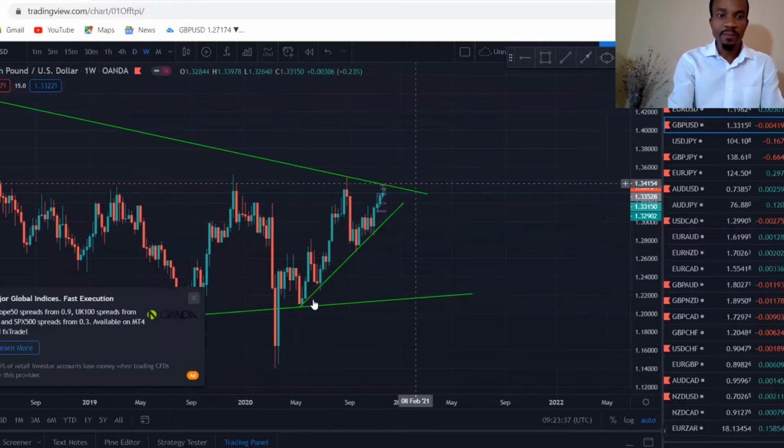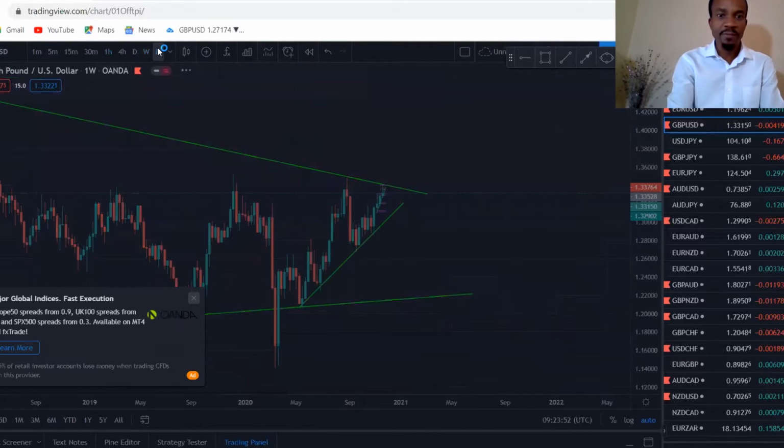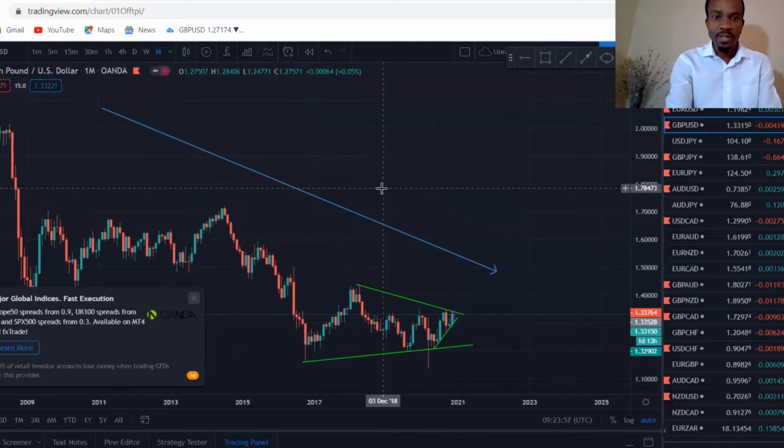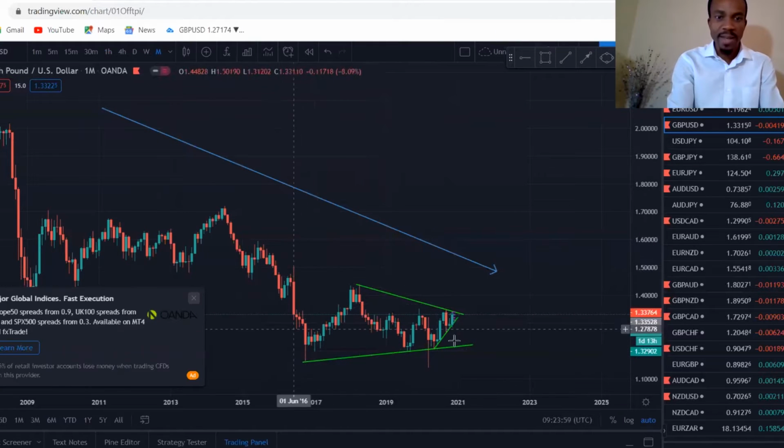Remember, on the weekly time frame, we said that price is still on this uptrend. It's still to the upside. It's still sitting within this big consolidating area. We said from a monthly time frame, as we go back to the monthly time frame, that price is consolidating around this area.